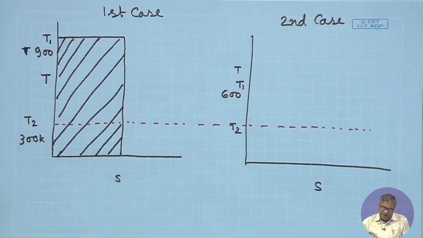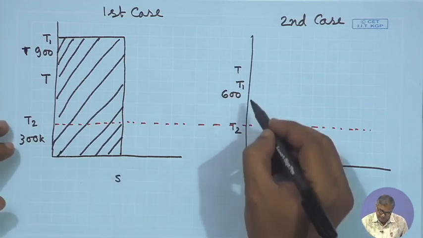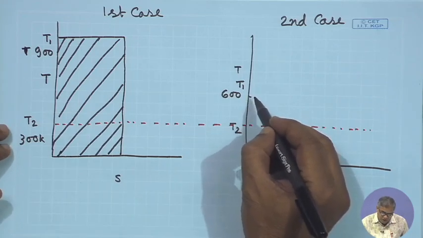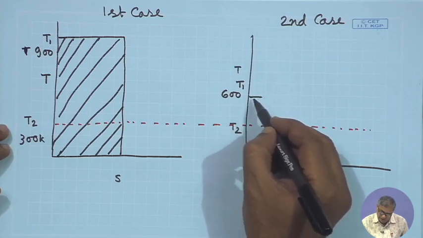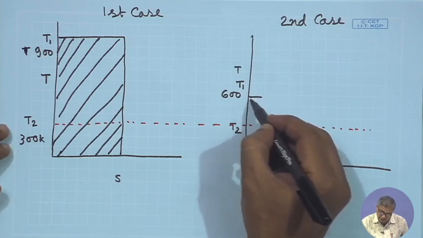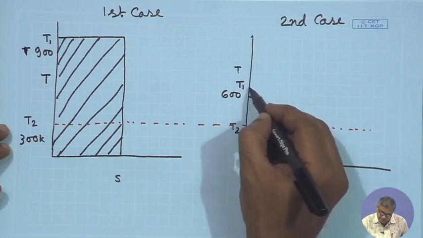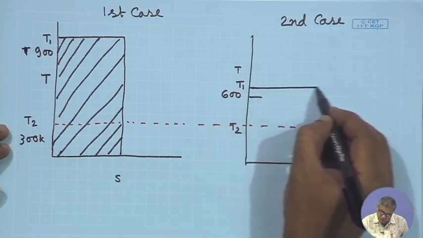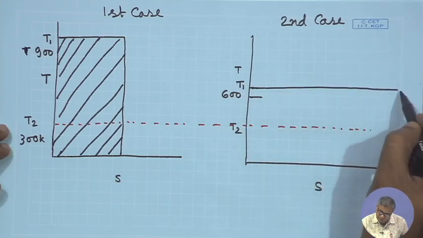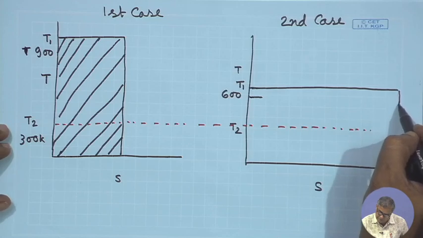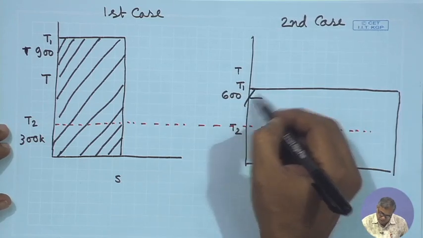So, this is the energy available in the first case. Here also 24 kilowatt of energy is available, but how will it be represented? Let us say from here. It will be something like this. Here also let us put the hatching.